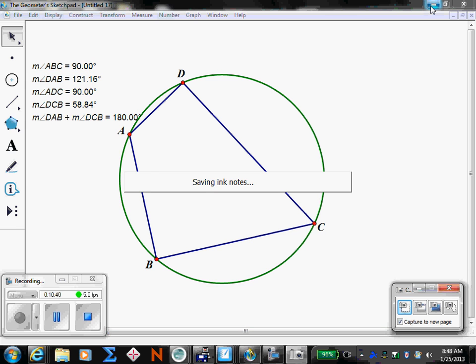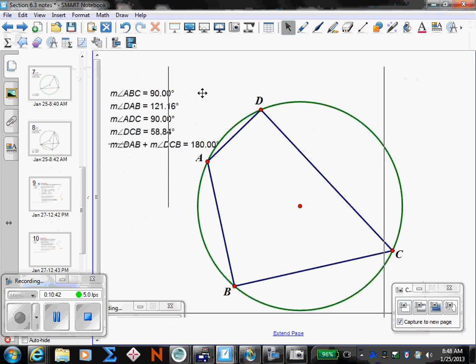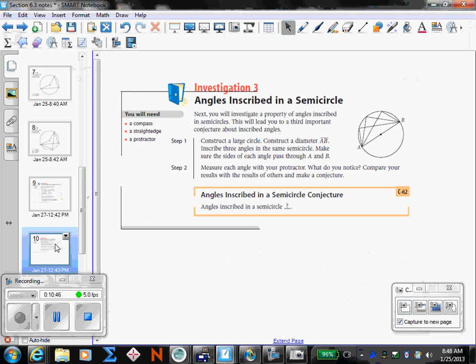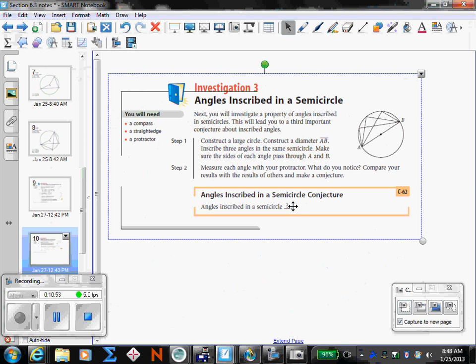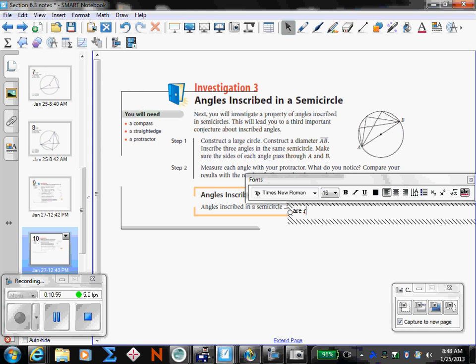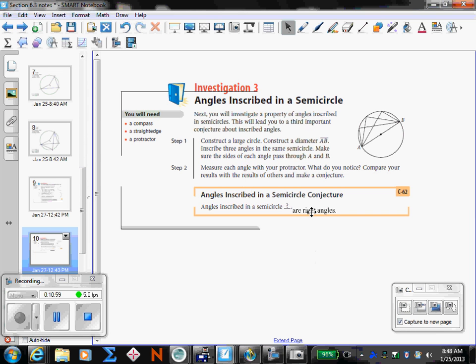Okay, so let's go and complete our conjectures. Angles inscribed in a semicircle are right angles. Conjecture 62.